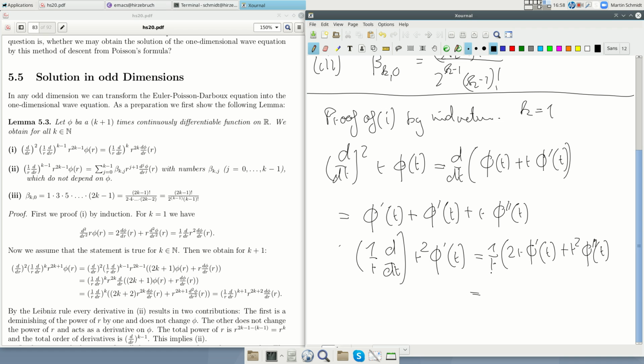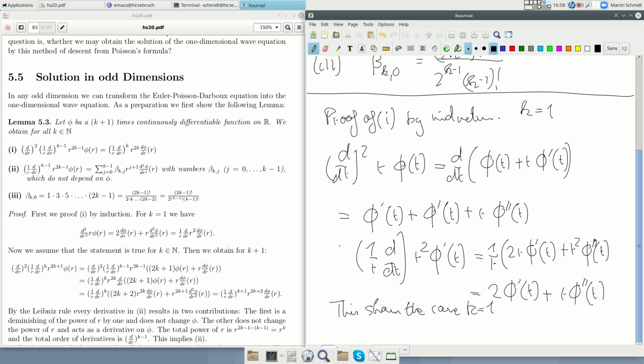And now if we take this in, then we have 2 times phi prime of r plus r times phi double prime of r. And this is of course the same as this. So this shows the case k equals 1.